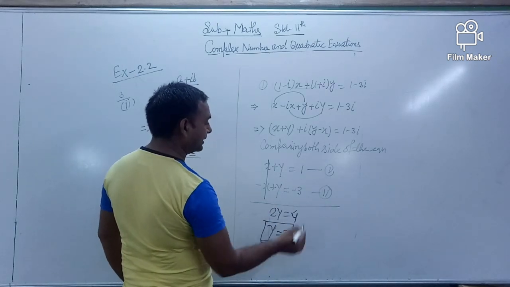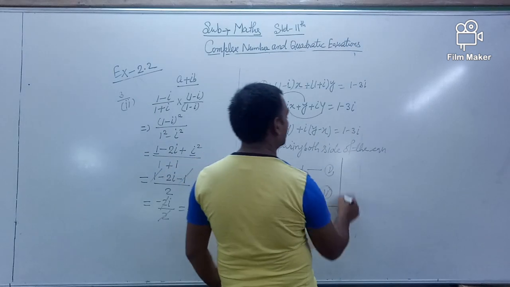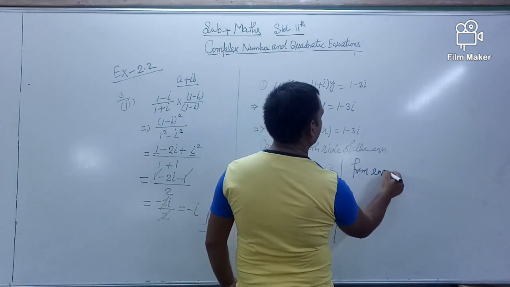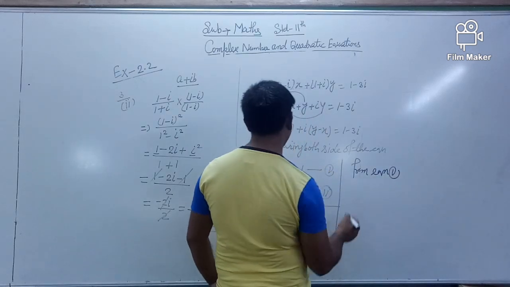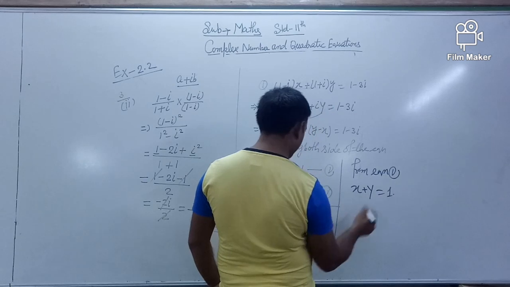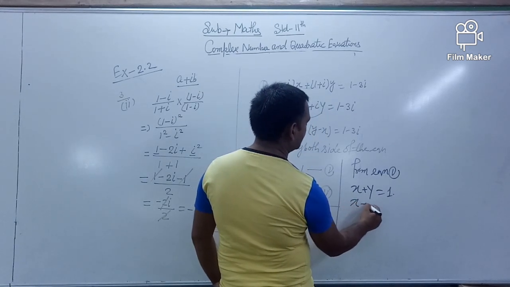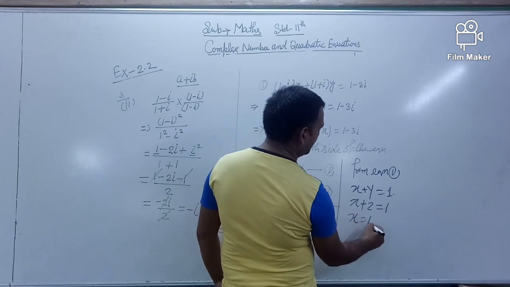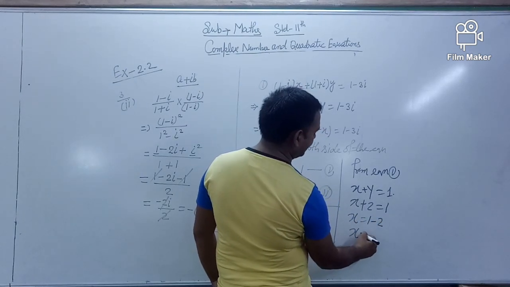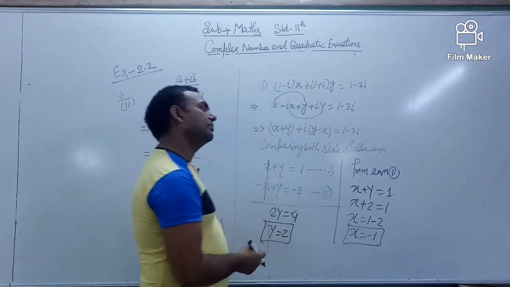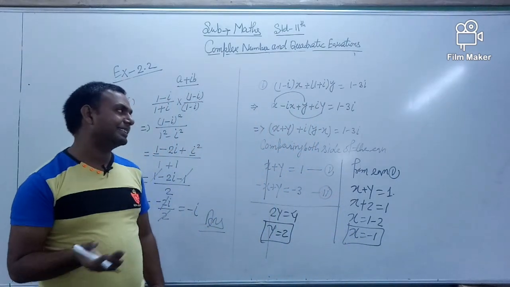So the value of y is 2. From equation number first, x plus y is equal to 1, the value of y is 2, so x plus 2 is 1, x is equal to 1 minus 2, so x is equal to minus 1. So after comparison you can find the values of x and y.